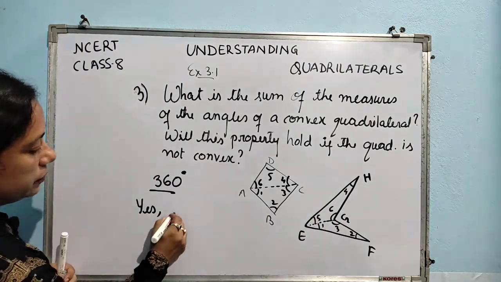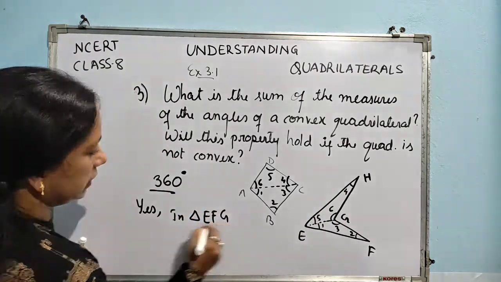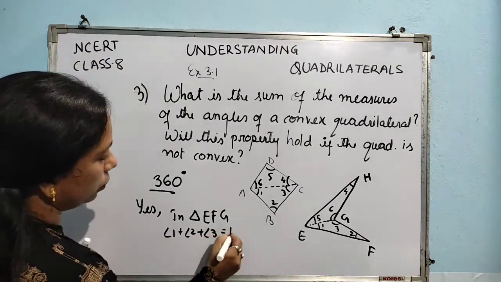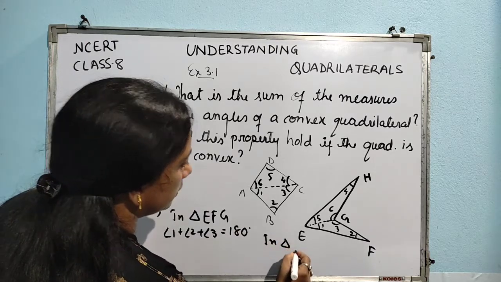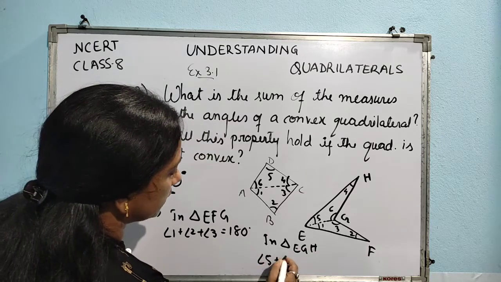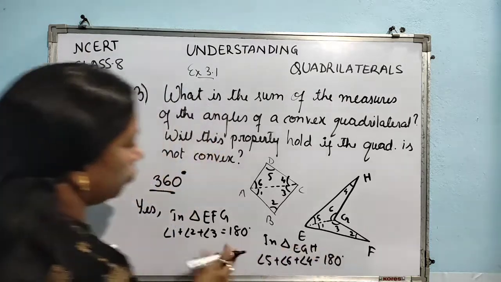Then you will write that in triangle EFG, angle 1 plus angle 2 plus angle 3 equal to 180 degrees. In triangle EGH, angle 5 plus angle 6 plus angle 4 is equal to 180 degrees. How 180 degrees?